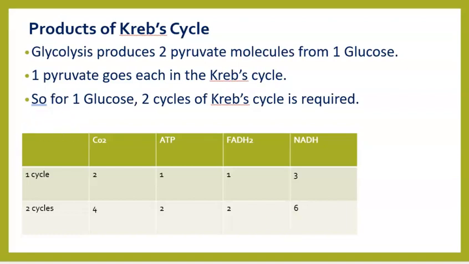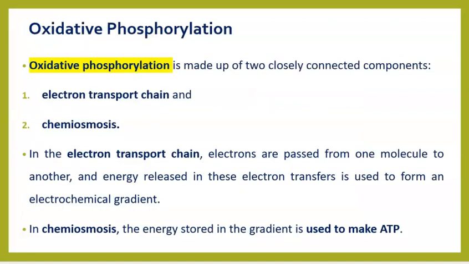Okay. Next thing you have to know is something called oxidative phosphorylation. Oxidative phosphorylation is a process which consists of two sub-processes. The first one is the electron transport chain, and the second one is chemiosmosis. These processes we will study again under photosynthesis in details, but right now I will just discuss the basic concepts and then we will stop.